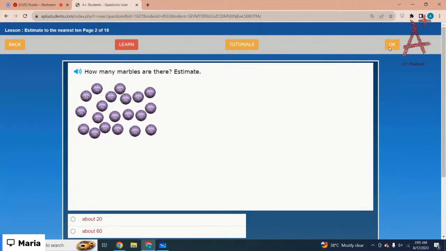So which is the correct option? They are about 20, because about 60 is just too much, right? So they are about 20.